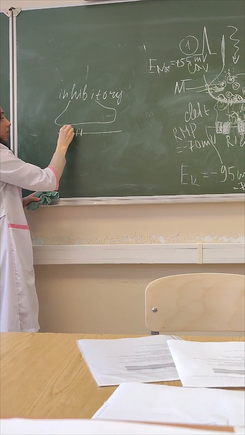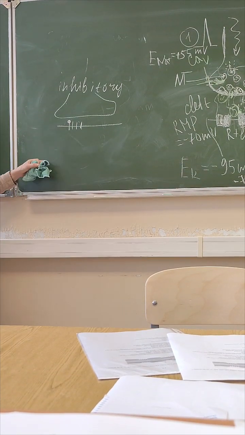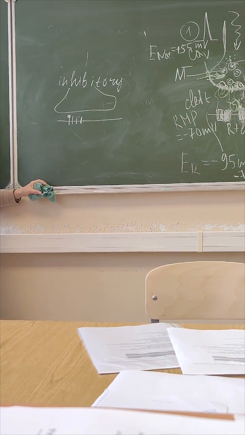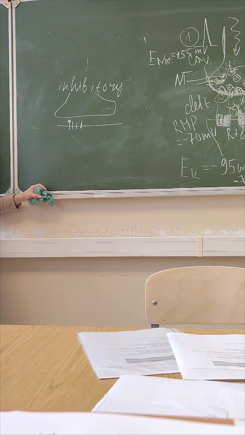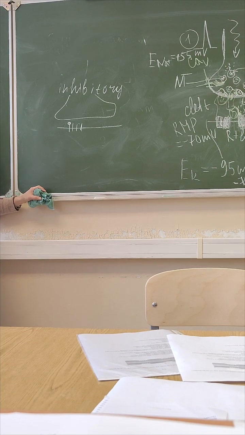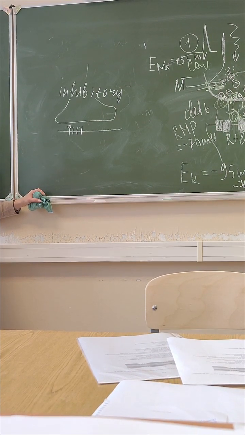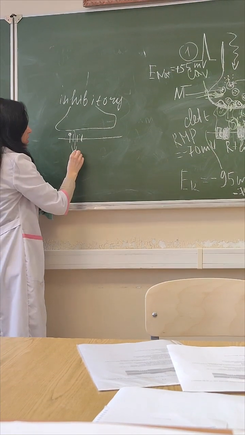With an inhibitory neurotransmitter, for example, again ionotropic receptors open a ligand-gated channel for chloride. What happens with chloride? Influx or outflux? Influx.